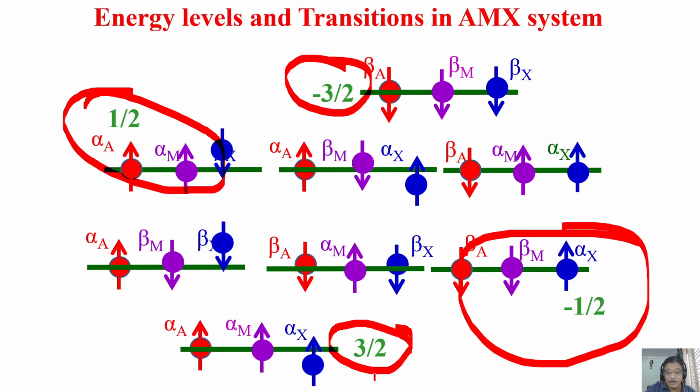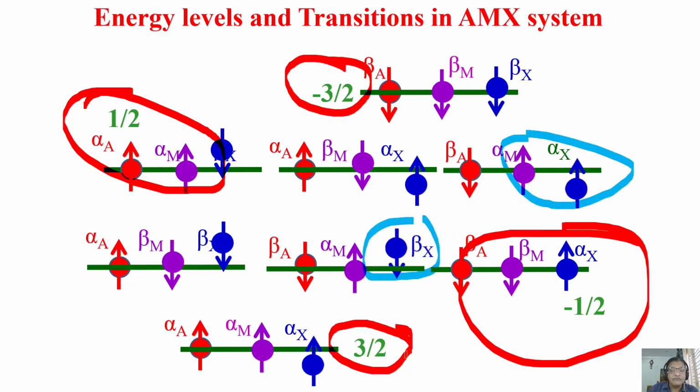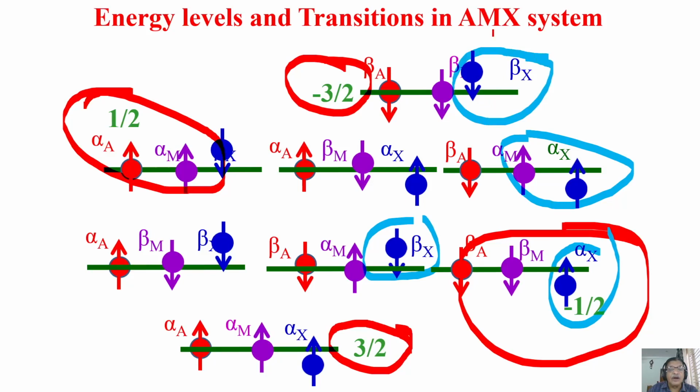Okay. Now go to the next one. This one, alpha of x coming to beta of x, that's allowed. Go to the next one. So alpha of x again is going to beta of x. And you find there are no other transitions corresponding to x possible here. Only these 4 x transitions.